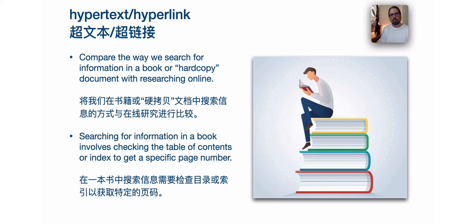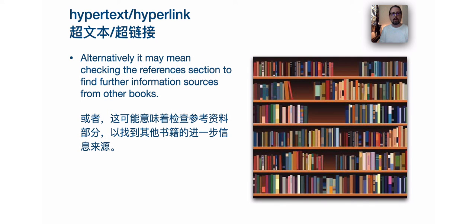So you're looking for a keyword, you have to manually check the listing at the beginning, the table of contents, and then you may also need to go to the back, the index section, to see if that keyword is found there, and then you go to the page number. Okay, so it's a manual process and can be quite time consuming, as we all know. Sometimes that information might not be available in that book, but the book will give us a reference, as in check the author and the title in another book, right?